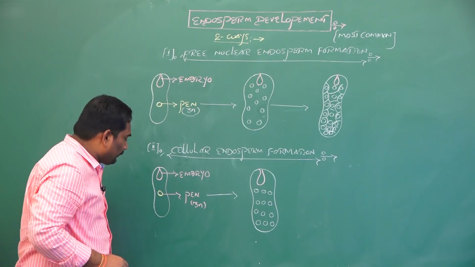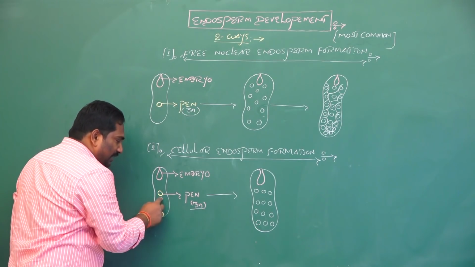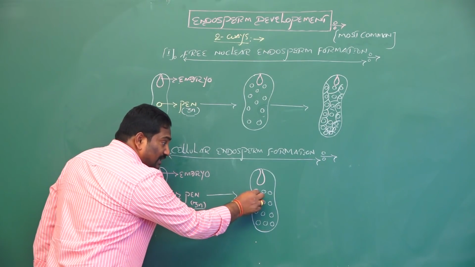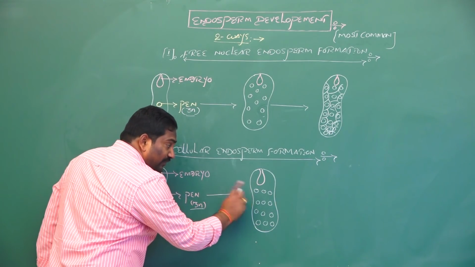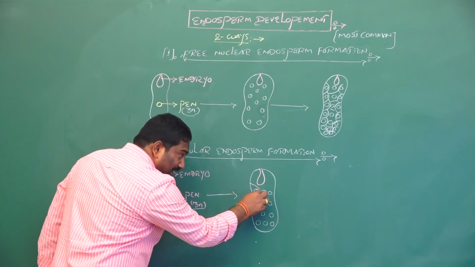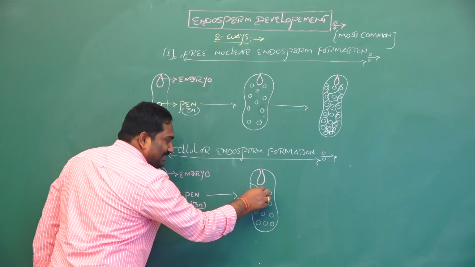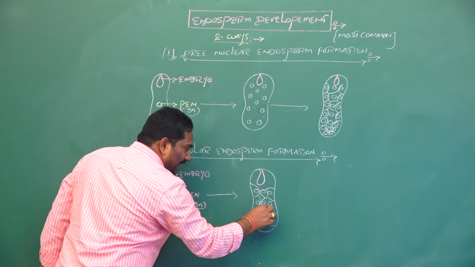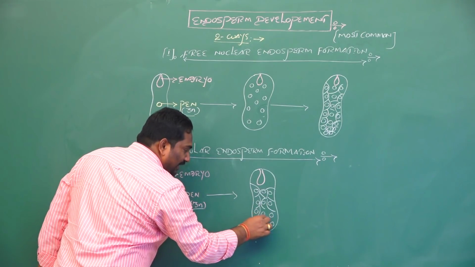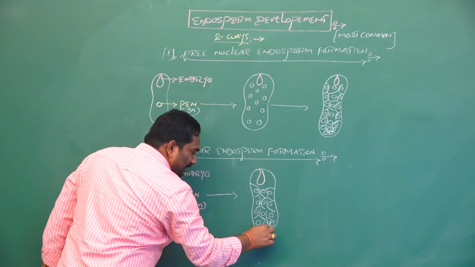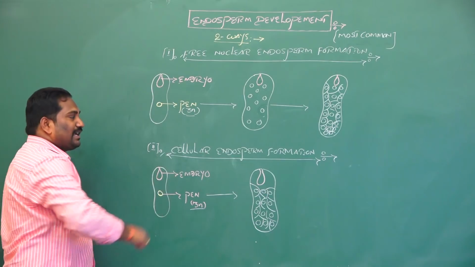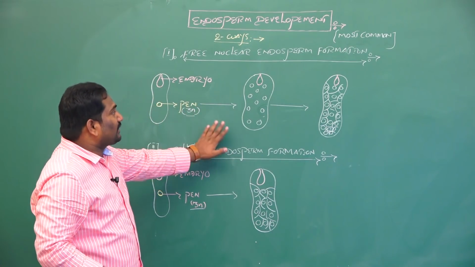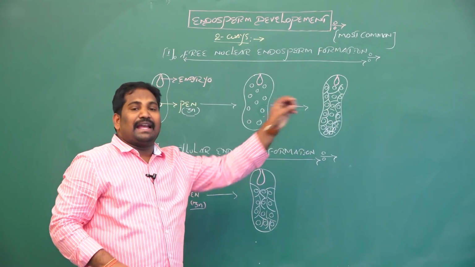The triploid primary endosperm nucleus undergoes many nuclear divisions, and after every karyokinesis it is immediately followed by cytokinesis. When karyokinesis is immediately followed by cytokinesis, this method is called cellular endosperm. These are the two different methods of formation of endosperm in angiosperms.